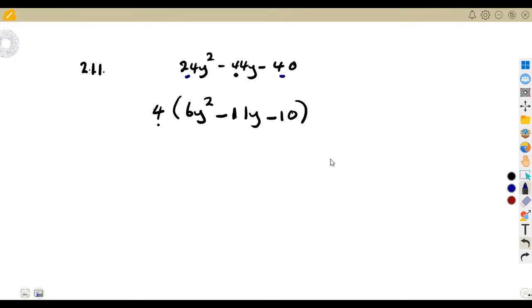Then you can do your factorization. Remember what I talked about from that previous part where we apply the longer way of factorization. Multiply the first term to the last term. So it's 6 times negative 10, which is negative 60y squared. What you simply need is to focus on the negative 60y squared.